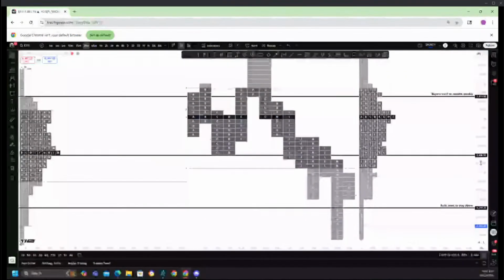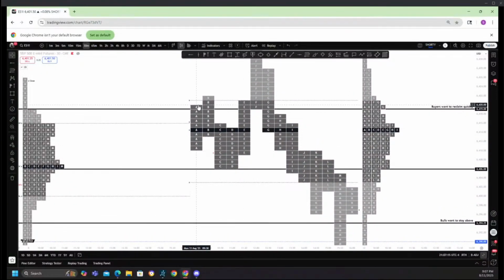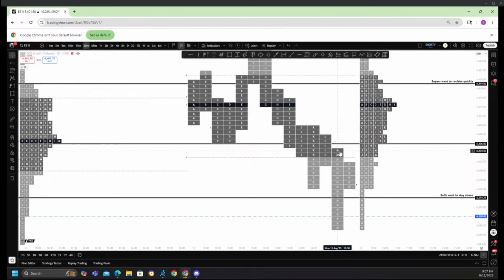And then if you look here, they auctioned back and forth here in A period, and so on. And then the last period, which is 3:30 to 4, is our M period. Each period validates the next period. So A period is validated by B, C validated by D, and so on.